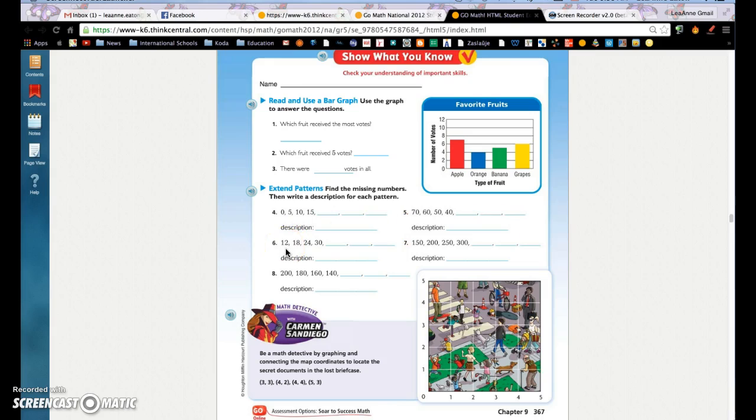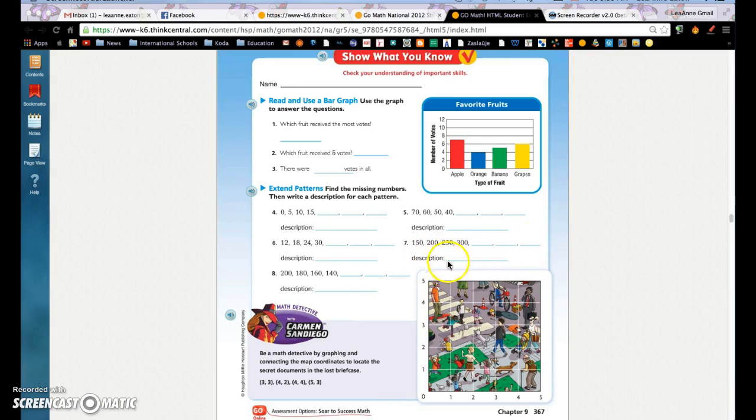Number 6, we have 12, 18, 24, 30. We're counting by 6 now. 36, 42, 48. The description is plus 6 or add 6. Number 7, 150, 200, 250, 300, 350, 400, 450.